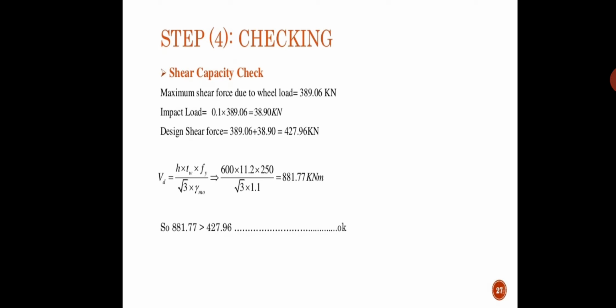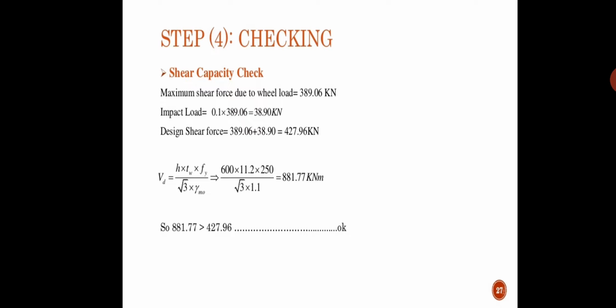Now next, our checking step. First we check the shear capacity. In that we already know the maximum shear force, or you can say the vertical force converted into the impact load. So our total design shear force is equal to 427.96. So we calculate VD.